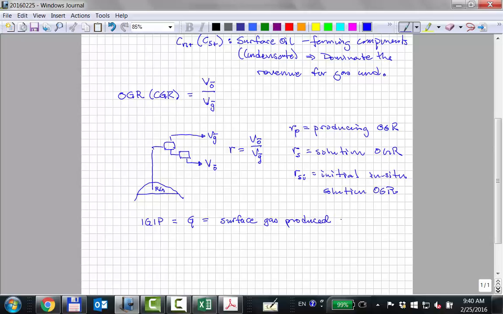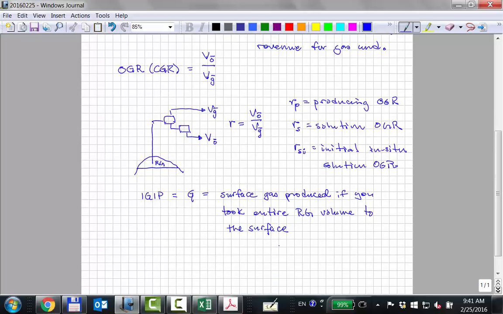So the surface gas produced, if you took the entire reservoir gas volume to the surface. Obviously, that's a fictitious number, but that's what we call the initial gas in place.